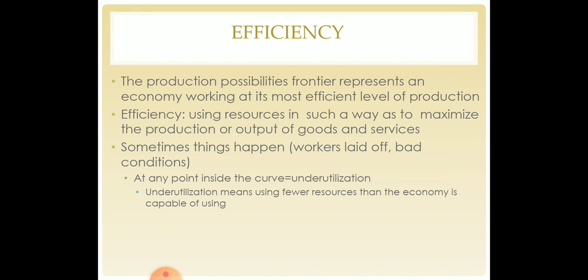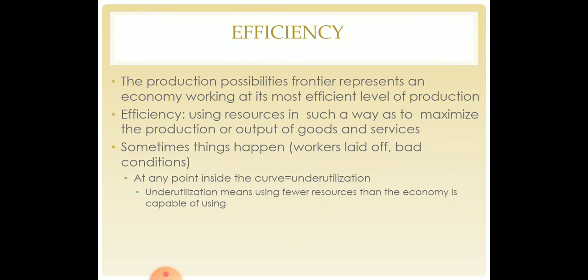Efficiency, I will show you on the graph. Efficiency means using resources in such a way as to maximize. Okay, guys, efficiency means what? I will use the resources in such a way to maximize the production, or the output, of goods and services. Sometimes things happen, workers laid off, bad conditions.